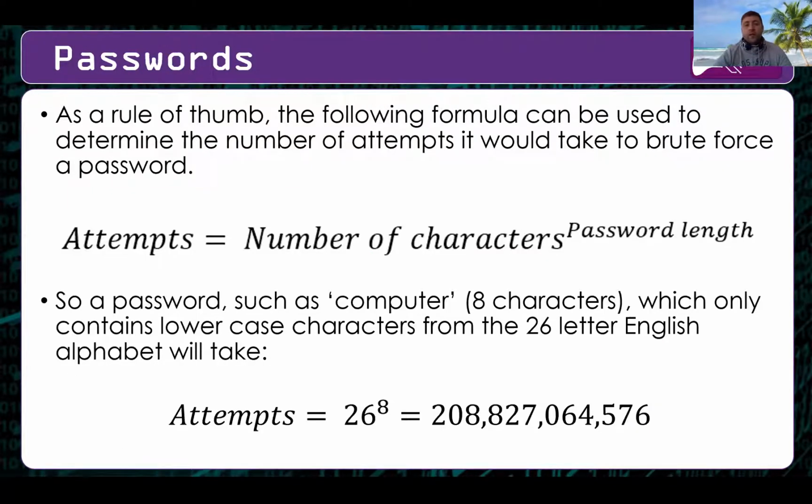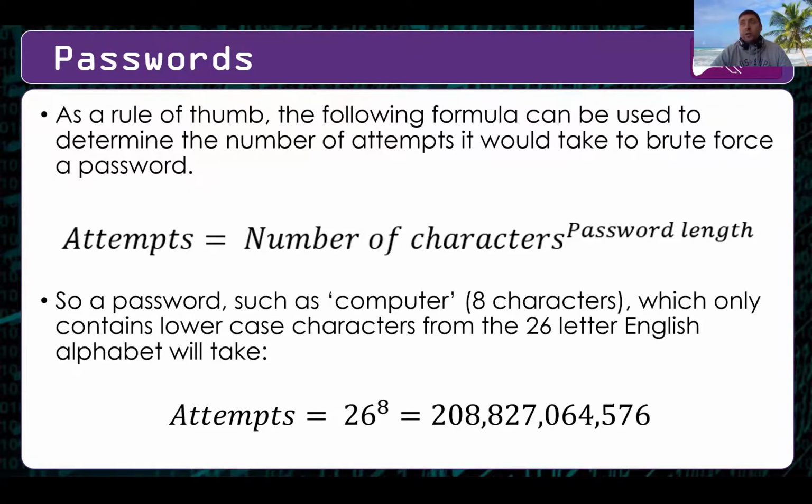So, as a rough guide, this is how you could calculate how many attempts it would take as a maximum to work out a password. The attempts is equal to the number of characters that are possibly in that password to the power of the password length. For example, if the password was computer, that's 8 characters long, so it's going to be to the power of 8.